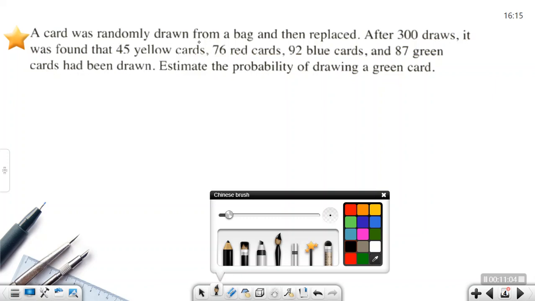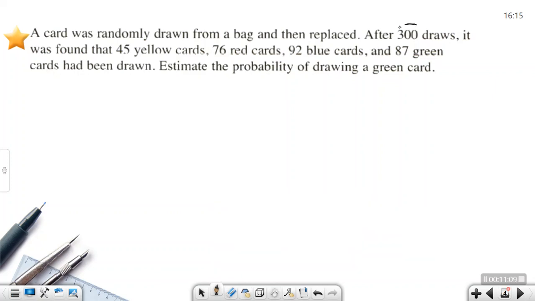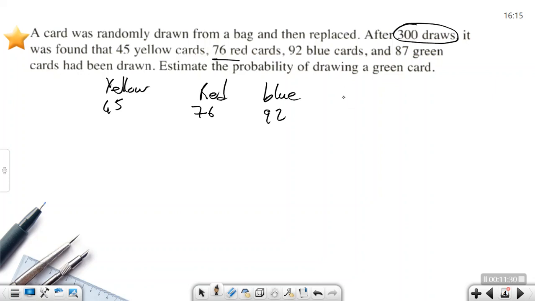A card was randomly drawn from a bag and then replaced. After 300 draws, so we draw it 300 times, it was found 45 yellow, 76 red, 92 blue, and 87 green.